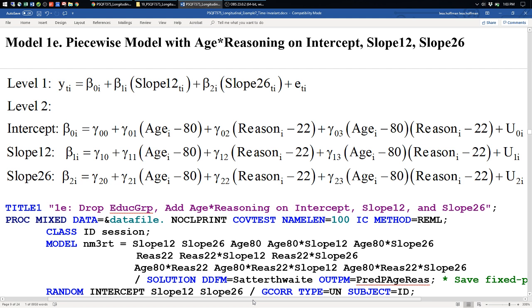Tell me, what's left? What do the fixed effects in the line for slope 2, 6 have to do if there is no random variance for slope 2, 6? E. Those level 2 cross-level interactions, yeah, this one is still cross-level because of the slope 2, 6.